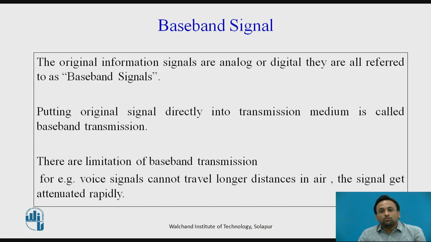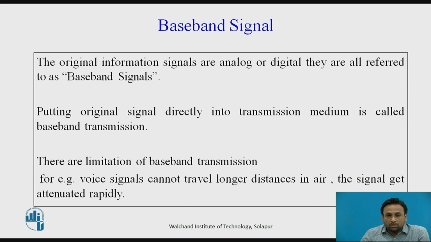Next, we'll start with the baseband signal or the modulating signal. The original information signals, analog or digital, are all referred to as baseband signals. Putting the original signal directly into the transmission medium is called baseband transmission. But there are some limitations of baseband transmission.